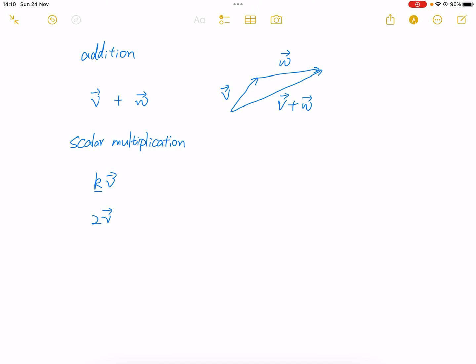K in here refers to a scalar. So if we have vector v, then 2v would be twice the original vector v.